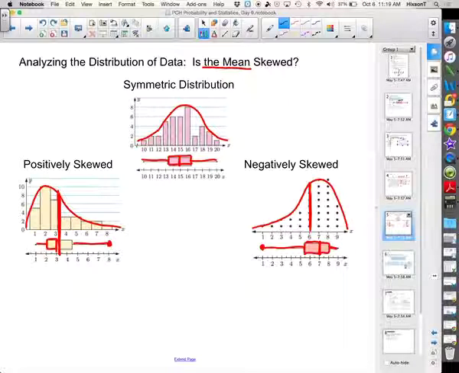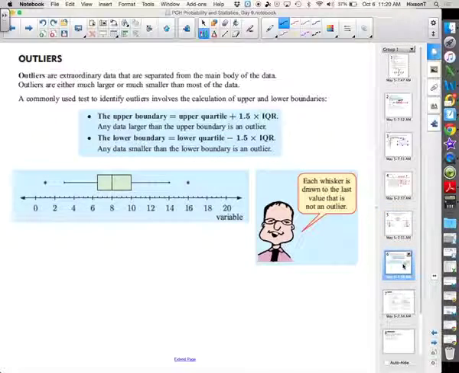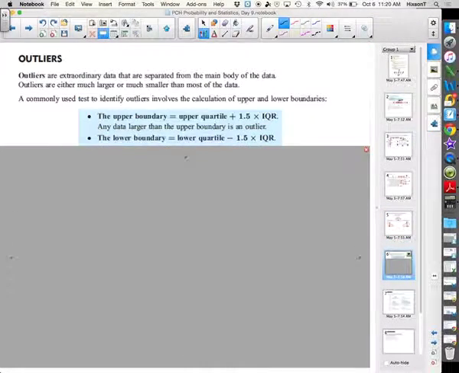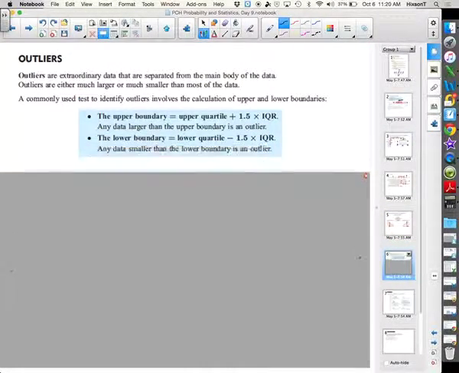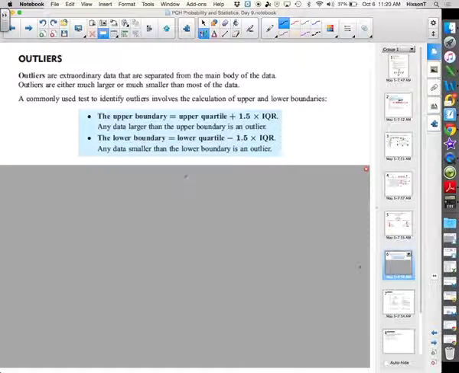All right, so the last thing we want to look at is something we mentioned before, and that is when we have these extreme values, what makes them what we call an outlier? What makes them an outlier?